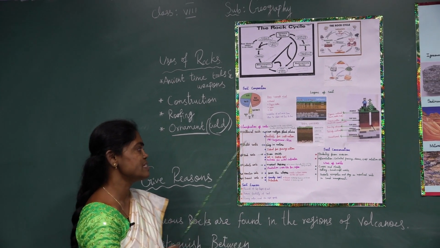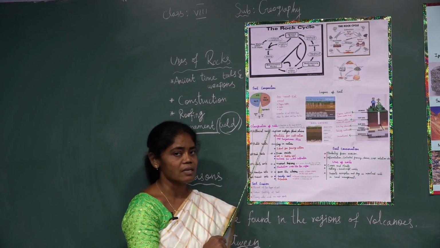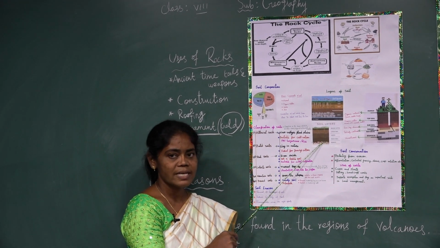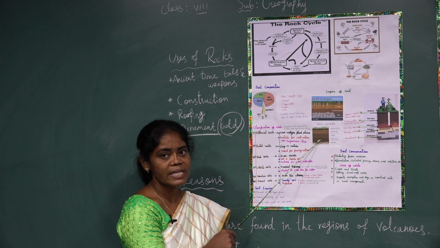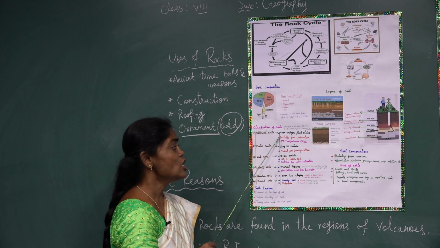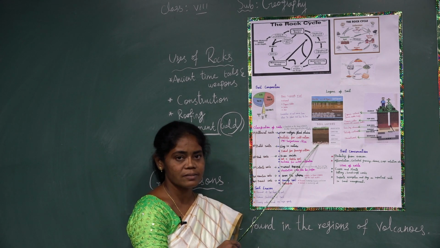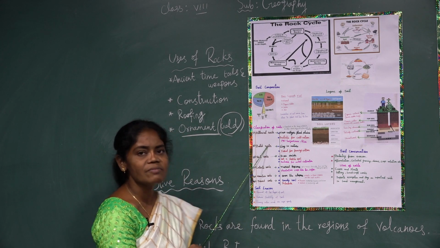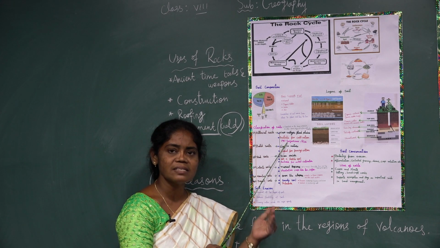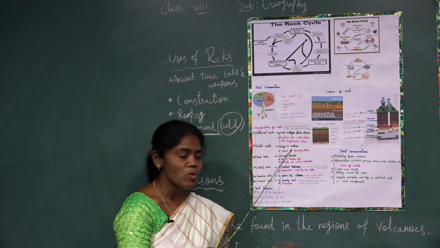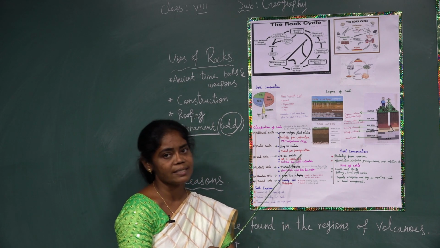Now one by one we will see. Where can we see the alluvial soil? On river valleys, flood plains, and coastal plains, there we can see alluvial soil, suitable for cultivation, for example sugarcane and rice. Next, black soil. This black soil is clay in nature and is a very important soil for growing cotton.